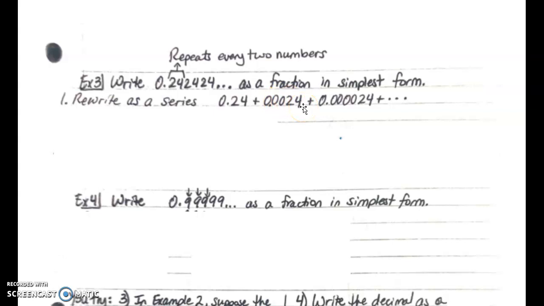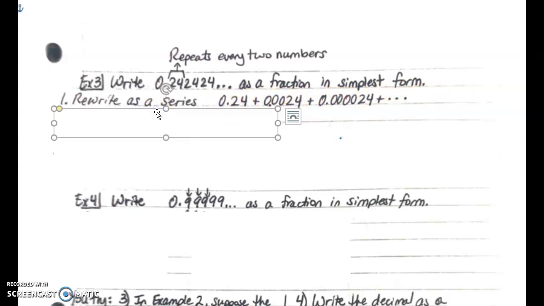If you want to add that in a calculator, you'll see that you get 0.2424, check that yourselves. Plus 0.000024, and so on. Now notice this time I'm putting 4 zeros. And I would continue. The next one would be 0.00000024. So you write it as a series when you're adding the repeating numbers.